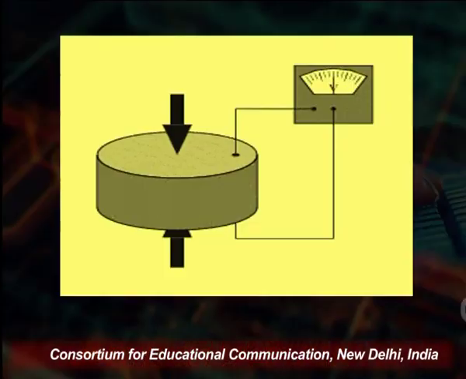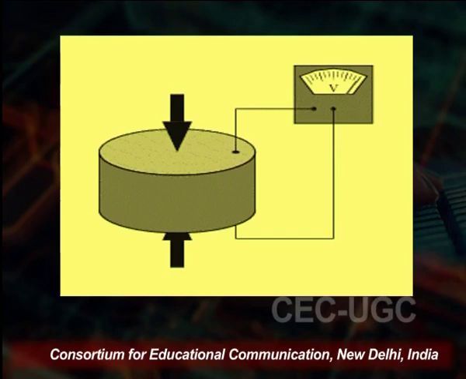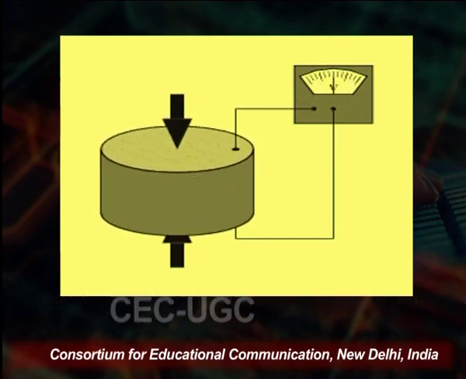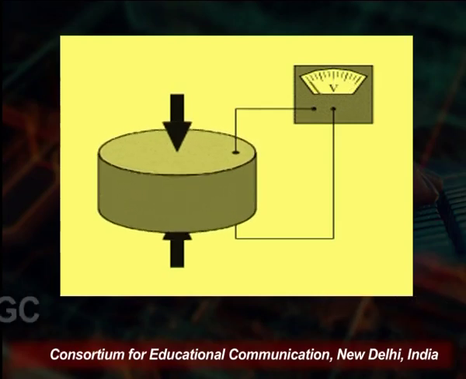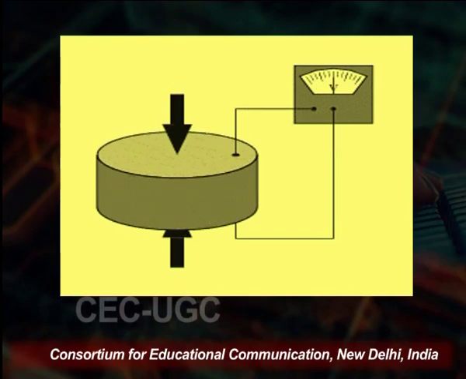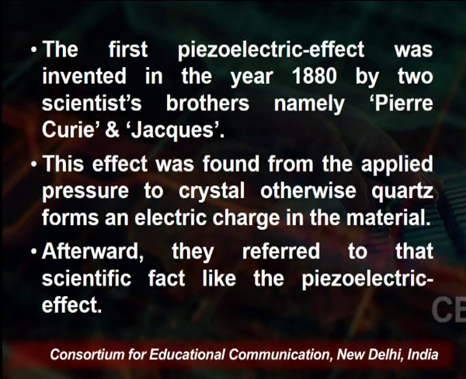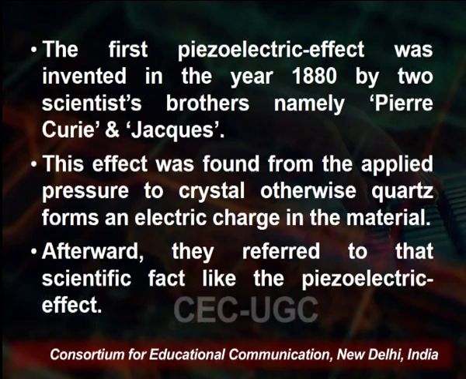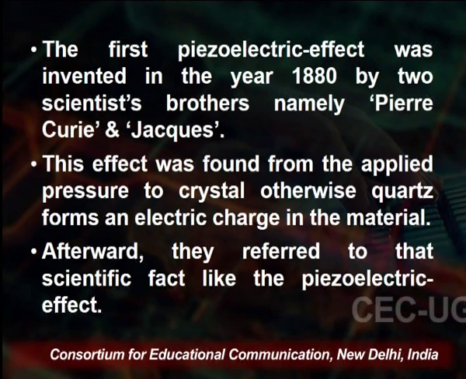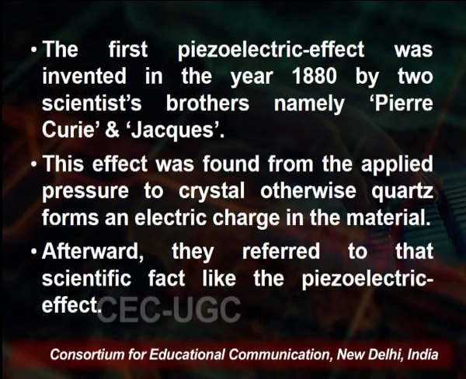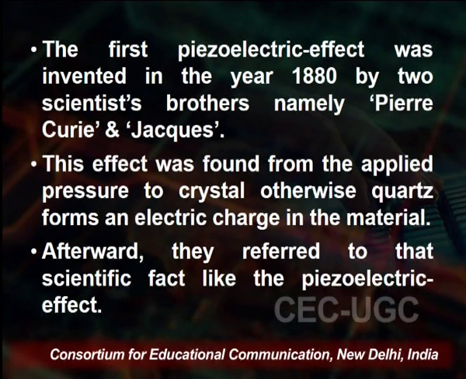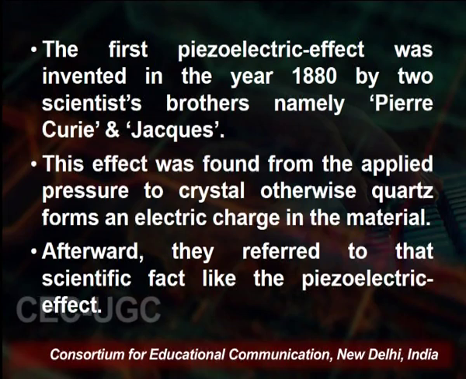Moreover, you see on the screen that we have a material on which pressure is given, and then you see on the voltage that electric charge is generated. The piezoelectric effect was discovered in the year 1880 by two scientist brothers, namely Pierre and Jacques Curie. They found that applying pressure to a crystal, like quartz, forms an electric charge in the material.